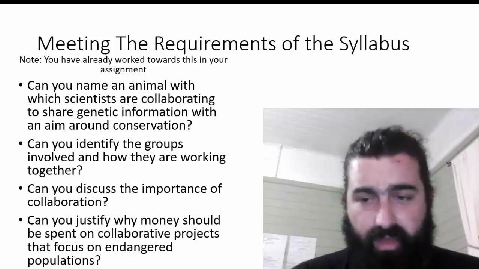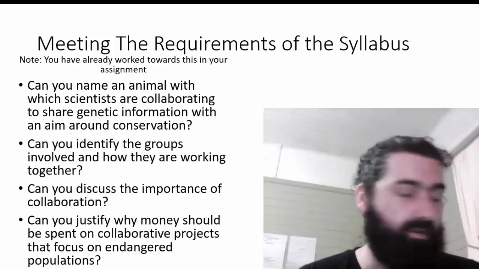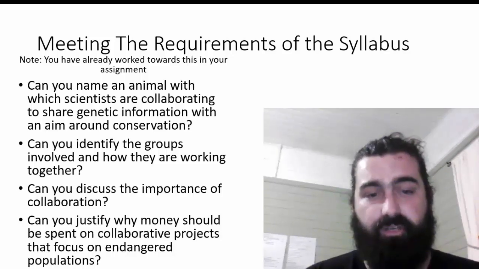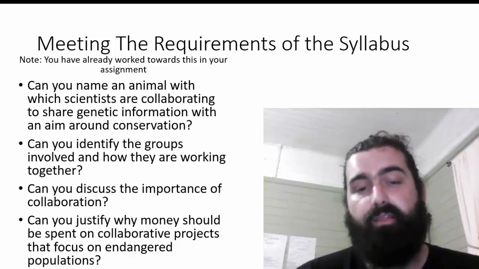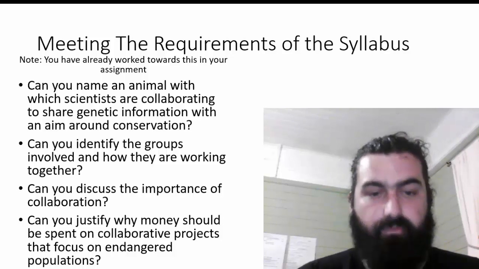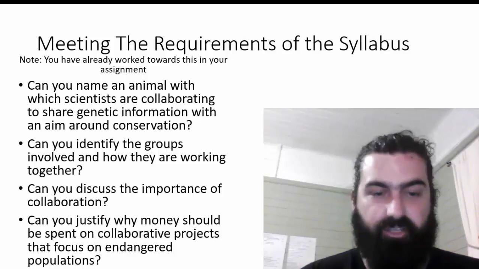The reason why I put that last one on there is I think that there's a chance that that could be an HSC question in the future. You know, an extended response question where they'd basically say something like, justify the large expenditure on genetic research to collaborate across borders to protect endangered species.